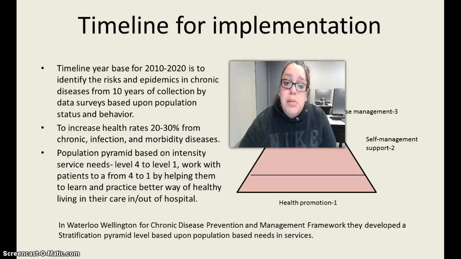The population pyramid is based on intensity of services from level 4 to level 1. It's basically working with these patients to help them learn and practice a better way of healthy living in and out of the hospital. And Waterloo Wellington, for the chronic disease prevention and management framework, developed a stratification pyramid level based upon the population-based needs and services.